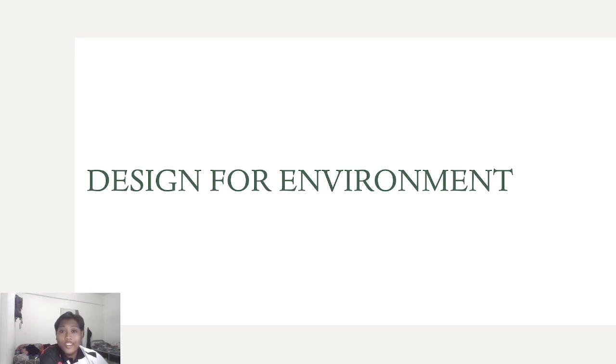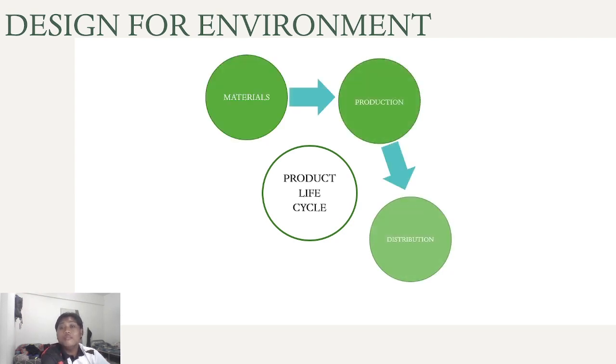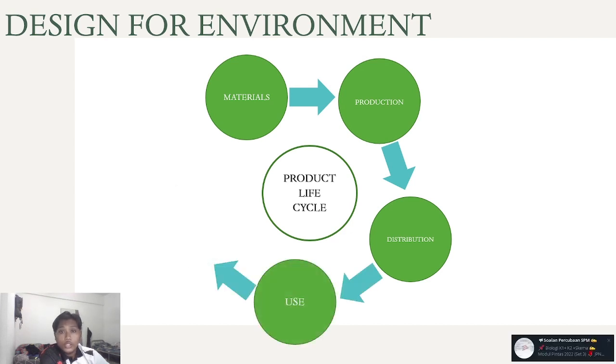DFE expands the traditional manufacturer focus on the production and distribution of its product to a closed loop life cycle. The major components in the product life cycle are material, production, distribution, use, and disposal.